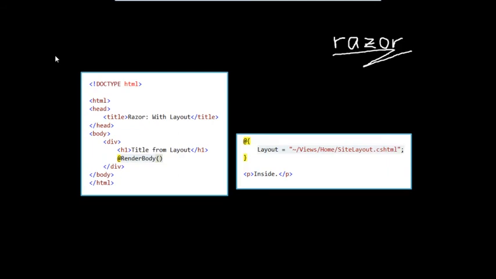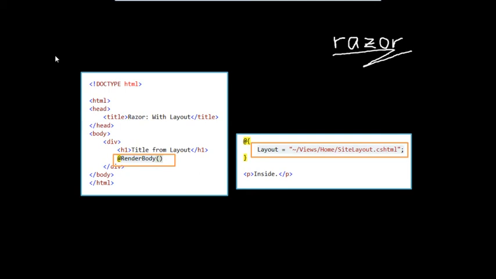And Razor. The way you do it in Razor is again pretty straightforward. On the master page, which is on the left, you write render body, and this is where the default content will be inserted. On the right, you see the page where you can explicitly say use the layout and give it the name.